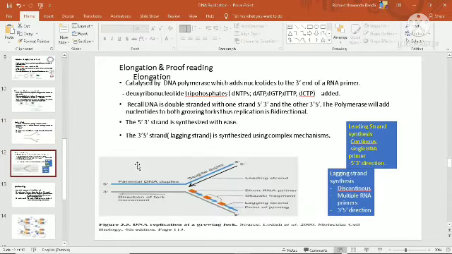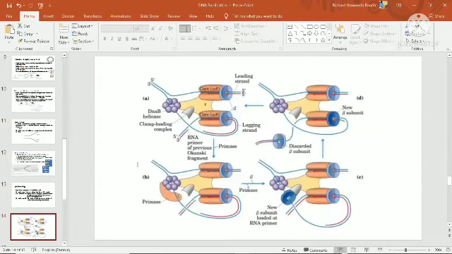And what will happen is that the DNA polymerase won't say, since this is 3' to 5', I won't synthesize it. No, it will be synthesized, but the way it will be synthesized is that you have this strand here, and then it will bend backwards.